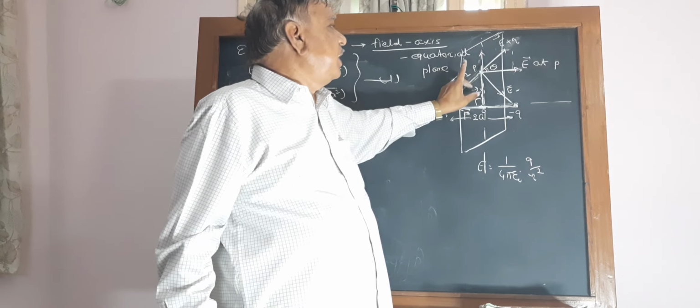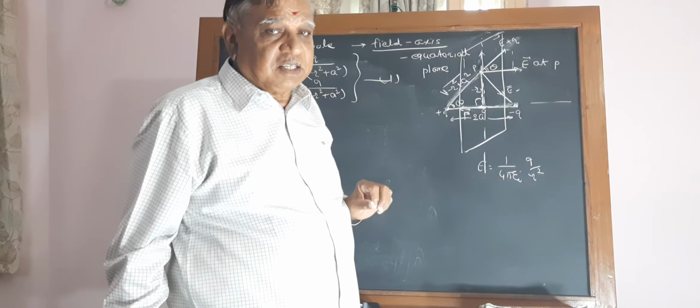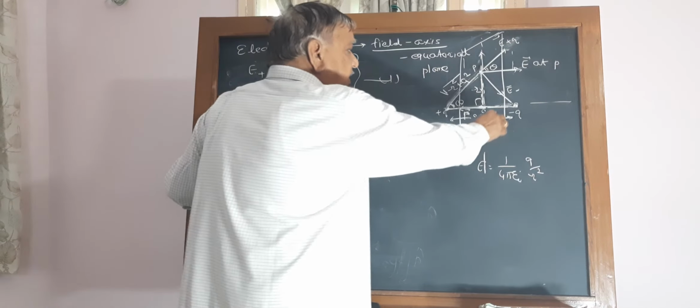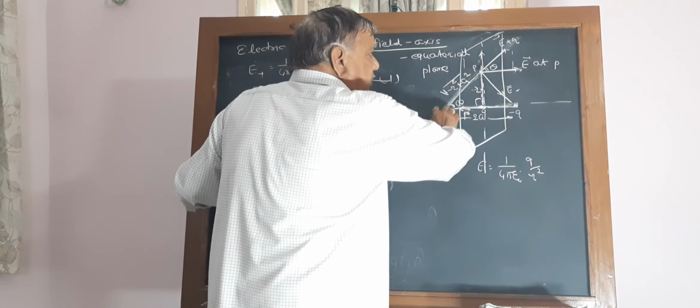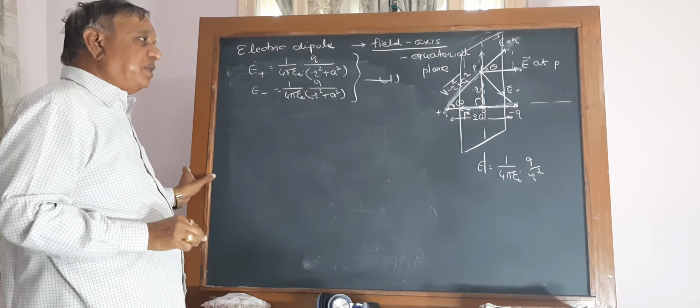So we have to add up only the components along the axis. But see, it is opposite to the P vector. P vector is from minus q to plus q, but the field is opposite to the dipole moment.